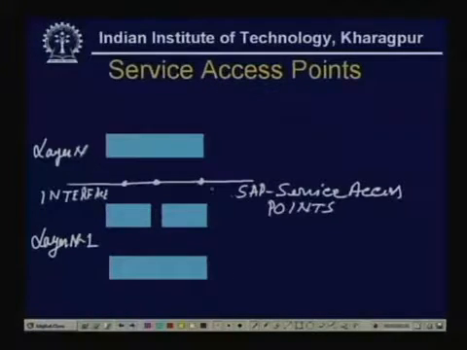So, through these service access points, the layer n entities will access service, get service from layer n minus 1. So, obviously, the service access points will have some address.